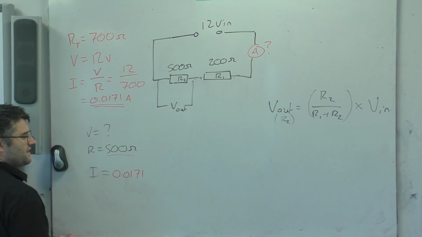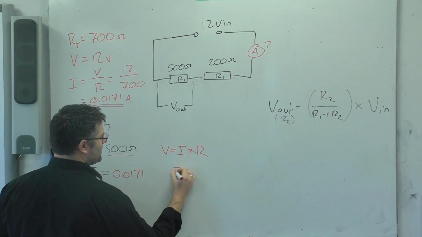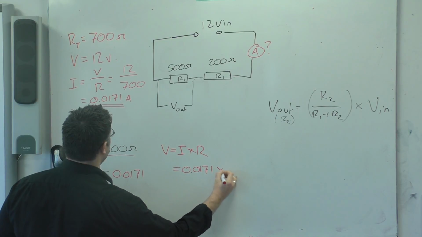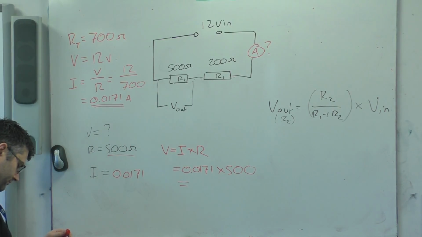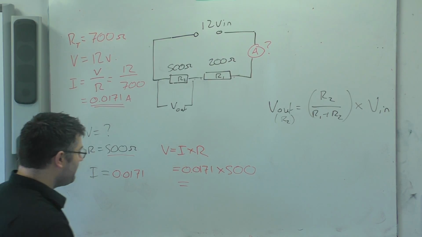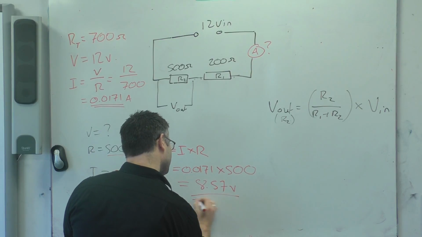The resistance is the 500 ohms. So V is equal to I times R, which in this case is going to be 0.0171 times 500, which gives us 8.57 volts.